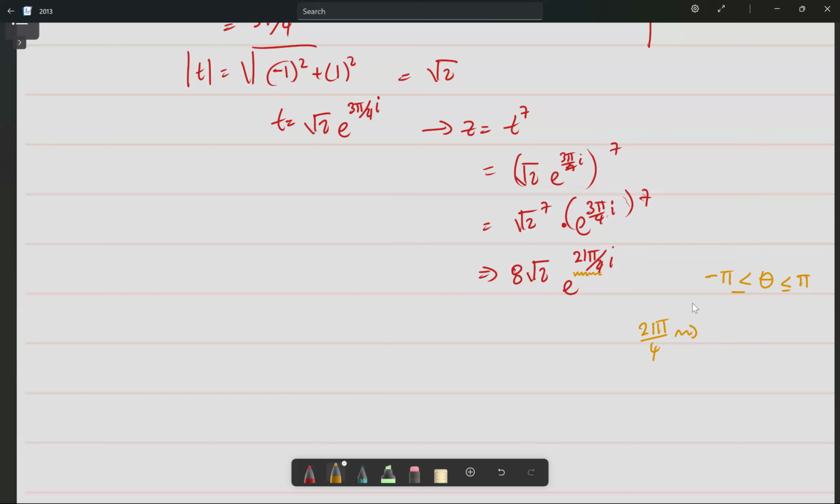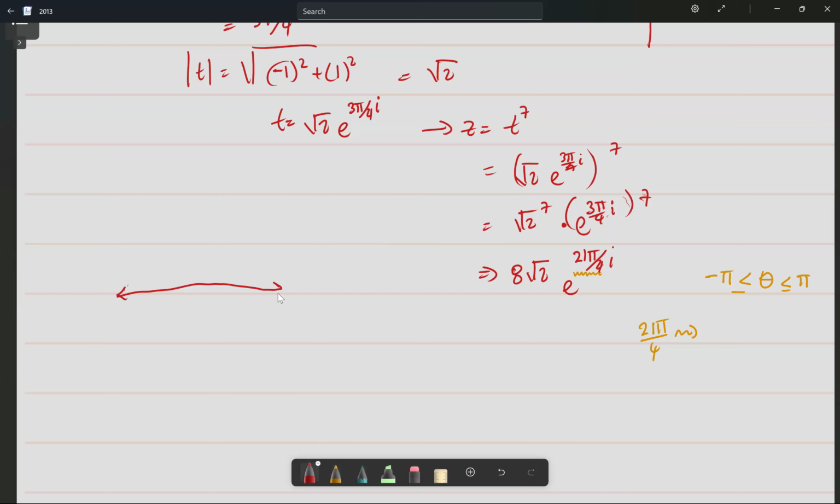Okay, let's do it this way. We're going to try to transform 21 pi over 4 into the primary angle.